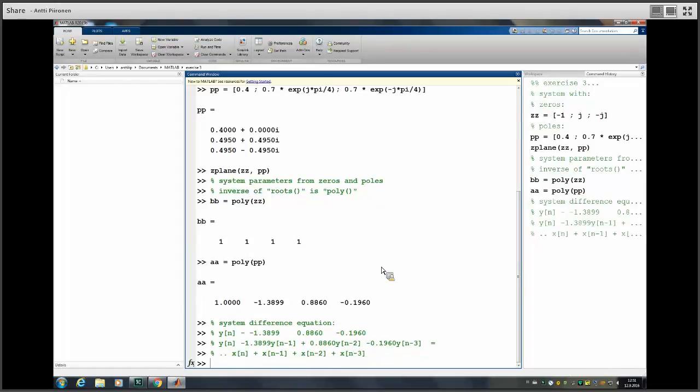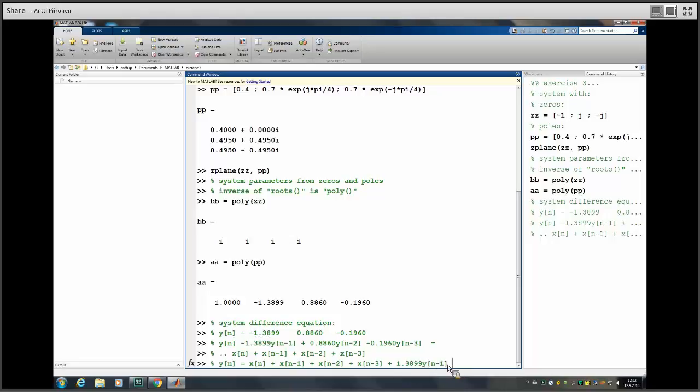But if you have y of n is something, the calculation formula of the difference equation would be here. That has a negative sign, that goes to positive.